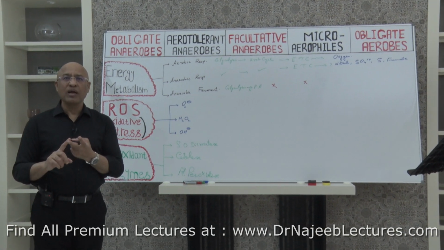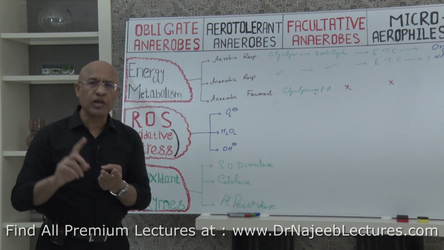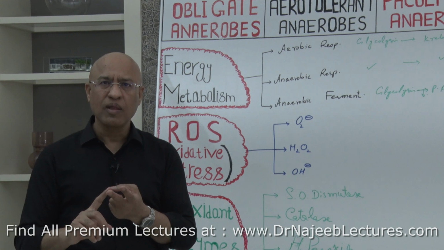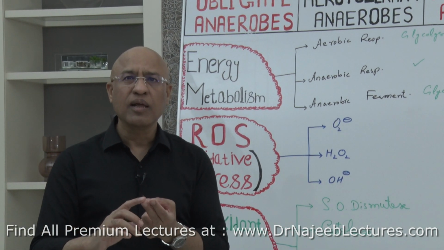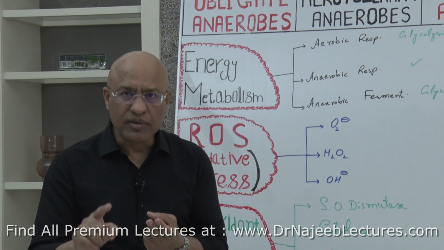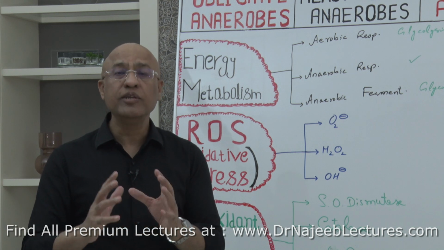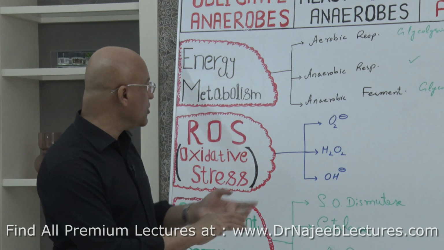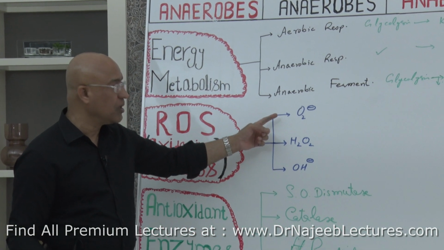Secondly, if bacteria are exposed to oxygen and reactive oxygen species are produced, oxygen toxic molecules are produced, oxidative stress is produced, we need to see whether these bacteria have any defenses, full defenses or partial defenses, for neutralizing these aggressive molecules.